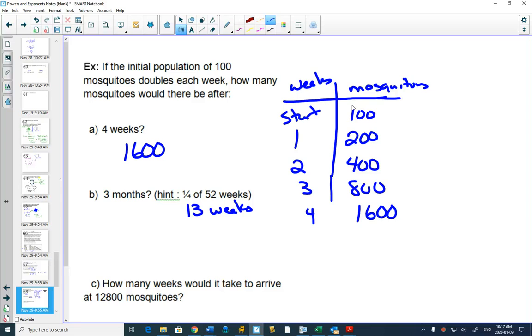However, if we can make a formula for this, the number of mosquitoes started off with 100, it doubles every week. So we put time there in weeks. We can say it's going to double 13 times in 13 weeks. We can go to our calculator, type this in.